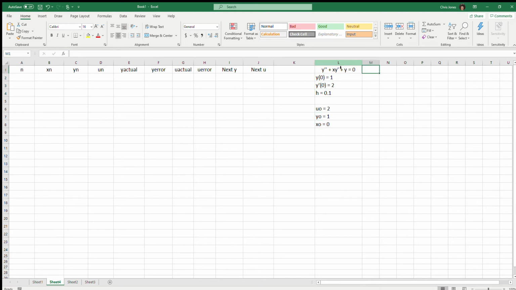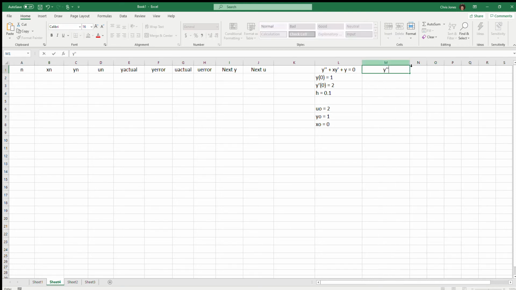The other thing that we need is to solve for the second derivative. A couple ways we can write this. y double prime equals negative xy prime minus y. Another way to say this is that u prime is going to be equal to negative xy prime minus y.